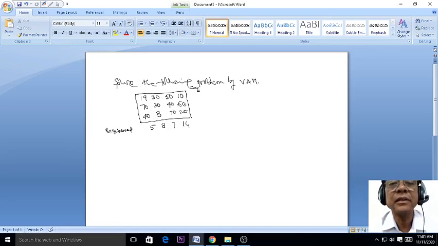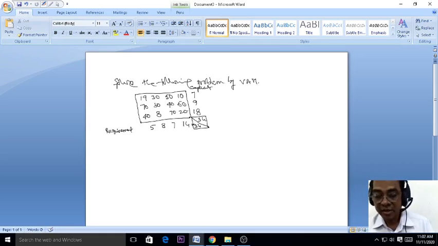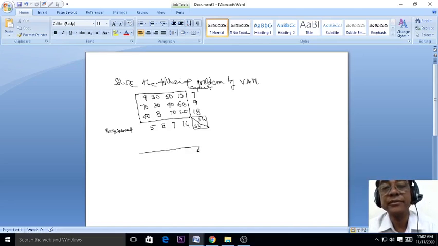Capacity: 7, 9, 18. Okay, now first check the total sum of capacity and requirement. So this is 34 and this is 34. So the given problem is a balanced problem. No problem. Next, how to solve the problem.